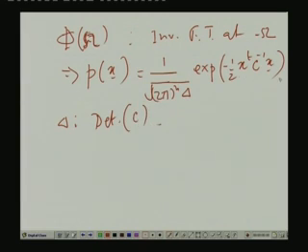Suppose x1 to xn are statistically independent, or uncorrelated. Then obviously C is a diagonal matrix because the correlation terms are 0. C inverse will also be a diagonal matrix.